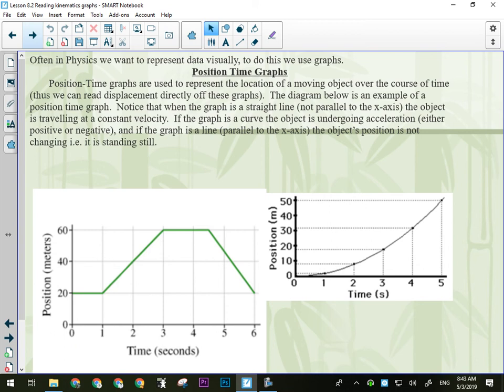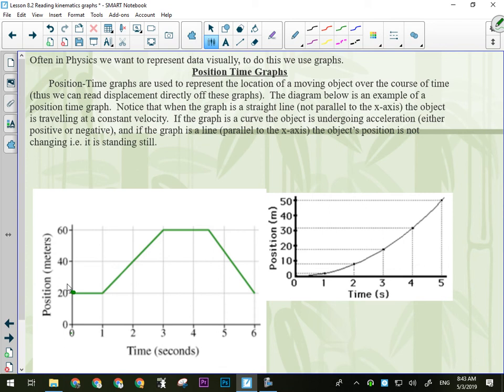Ethan? Yeah, it starts at a position of 20 meters. I would assume that's positive. They don't outright say it. They probably should. It should say north or positive or forward or something like that. But its initial position is 20 meters. That's where it is at time zero.